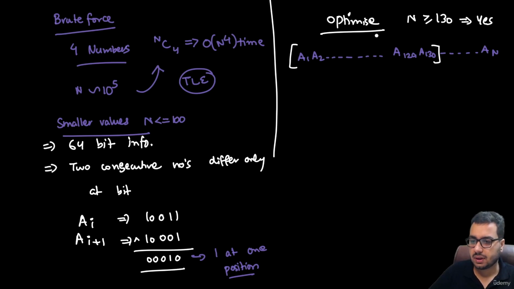If you have 130 numbers, and you do a pairwise XOR of all the numbers, a XOR of the first two, XOR of the next two, and so on, what is going to happen?